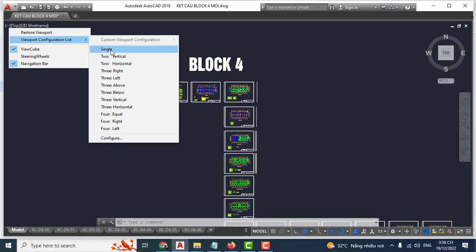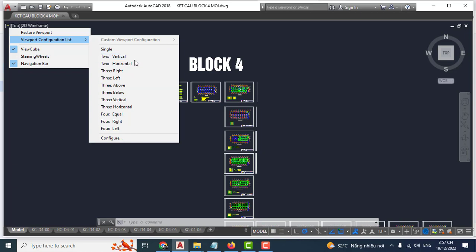Okay, so single, two vertical, two horizontal, three right, three left, three above, three below, three vertical, three horizontal. Okay, four equals right, left, very much viewports.